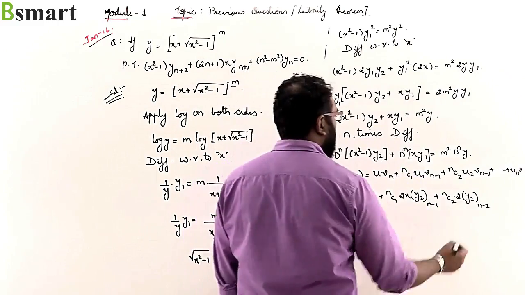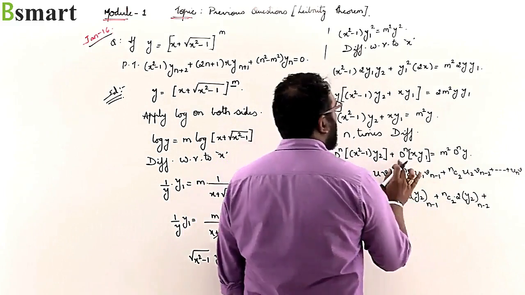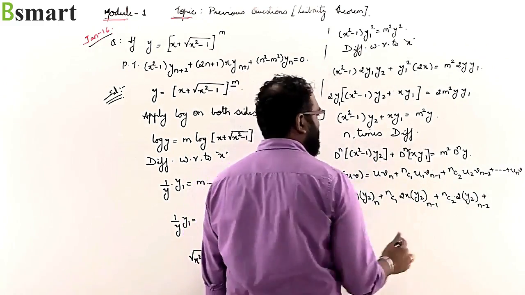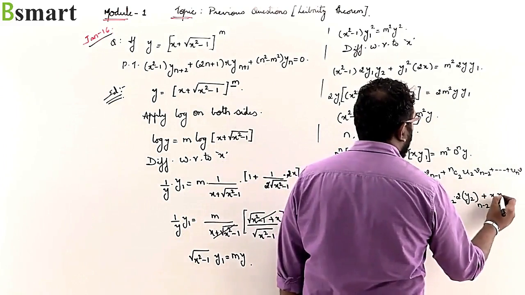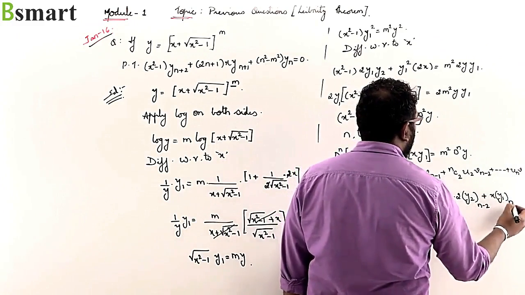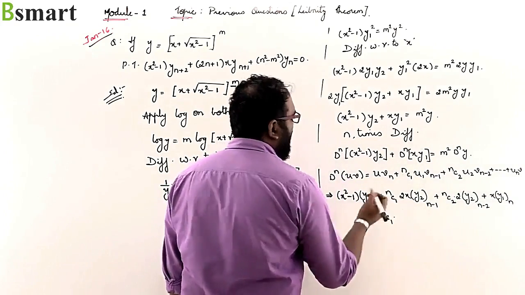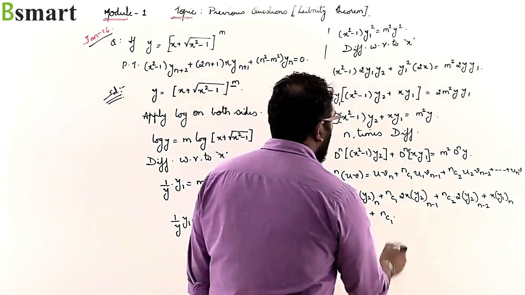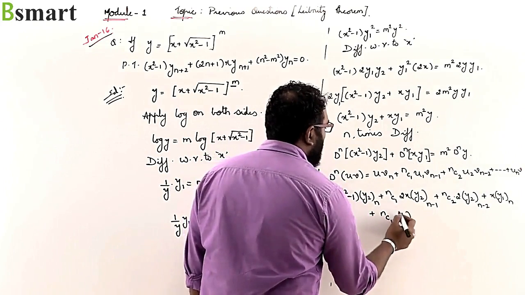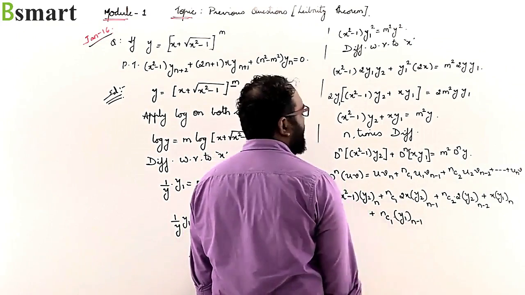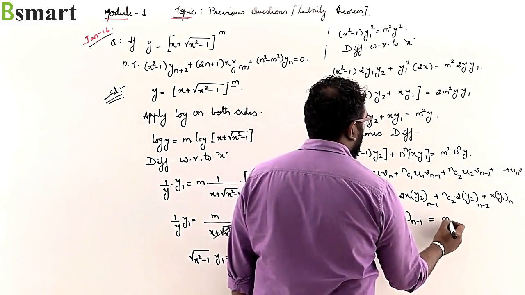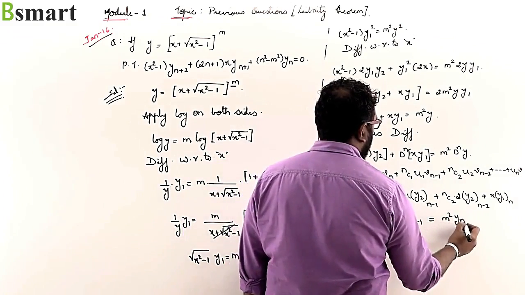So plus again the derivative of x into y, so that is x into y₁ of nth derivative, plus nC1 into the derivative of x, which is 1, into y₁ of (n − 1)th derivative, is equal to m² into yₙ.